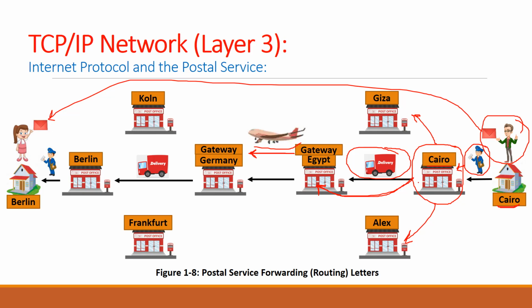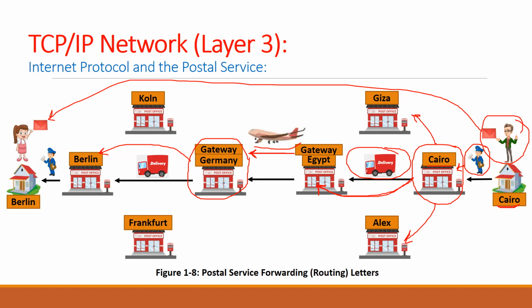This is called routing. So when the Germany gateway post office received the letter, it will decide based on the destination address on the letter that this letter should be delivered to Berlin post office, the city where Jasmine is living, not Cologne or Frankfurt.